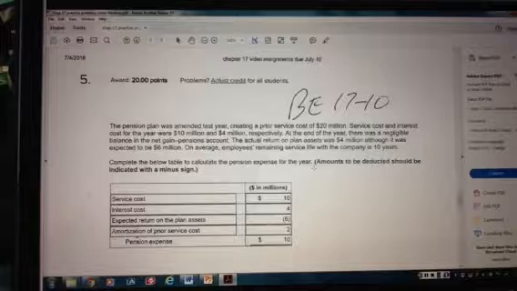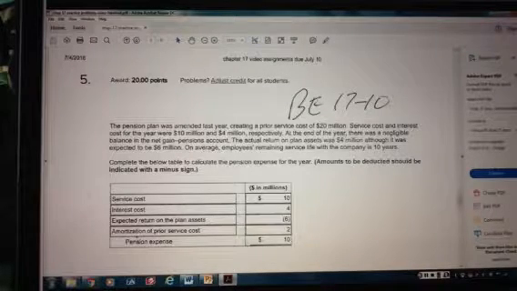So we take that prior service cost and amortize it over the average remaining service life of the employees. So the prior service cost was $20 million, and they tell us on this fourth line, on the average, employees' remaining service life was 10 years. So $20 million divided by 10 is amortization of prior service cost of $2 million.